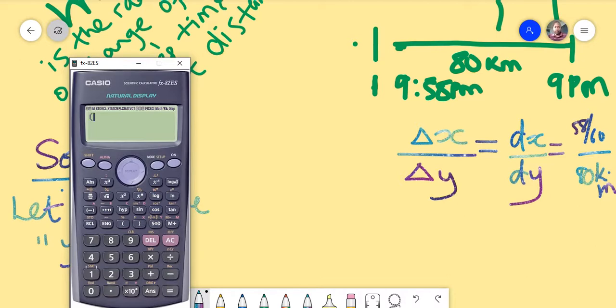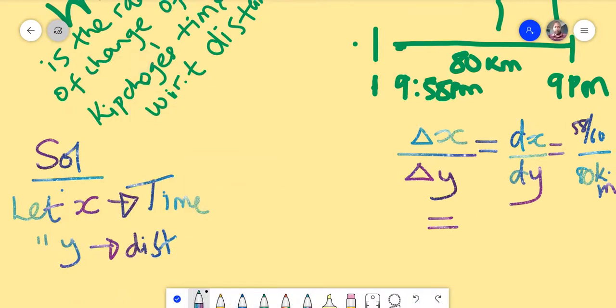I'll have 58 over 60 divided by 80. So my solution here will be 0.012 hours per kilometer.